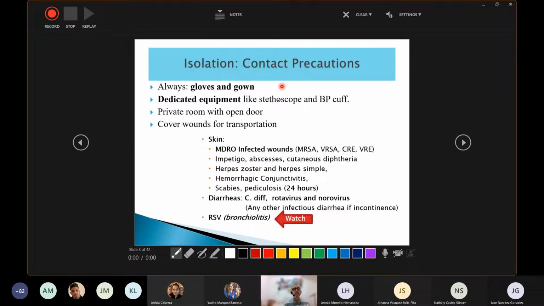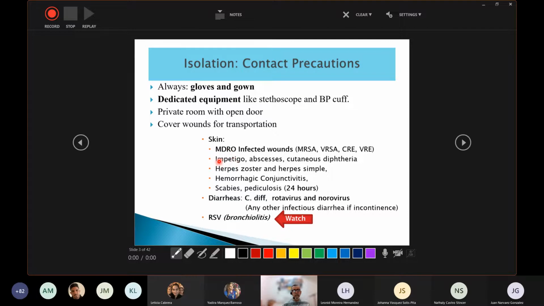The same happens with flu, influenza, and also the common cold virus. Those survive on the surfaces for a long time. That's why even many hours later, when you touch something, you can get the bacteria or the virus there. So those are conditions that require contact precaution.